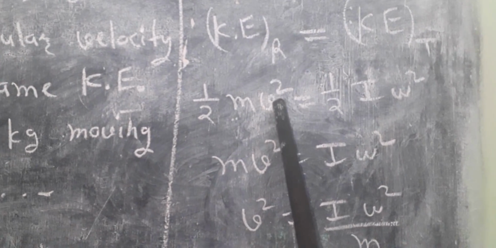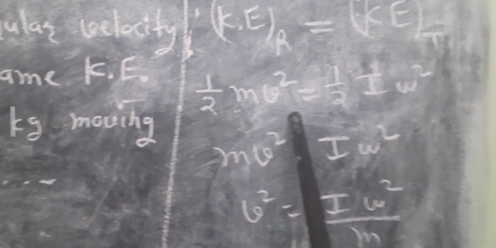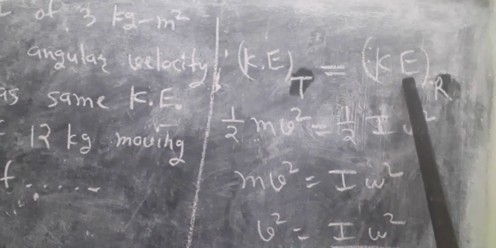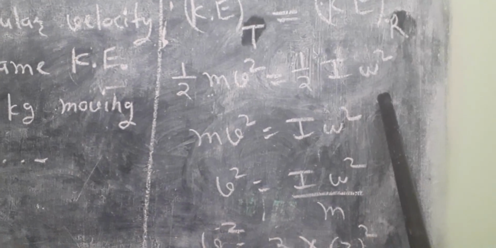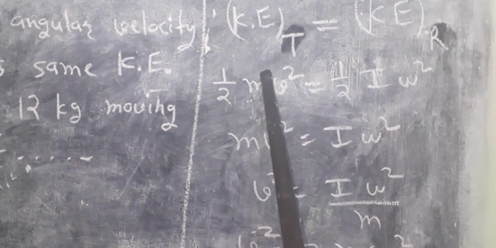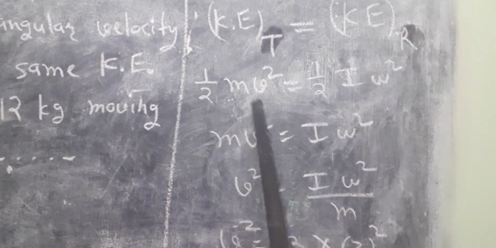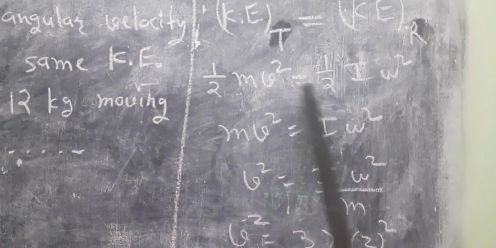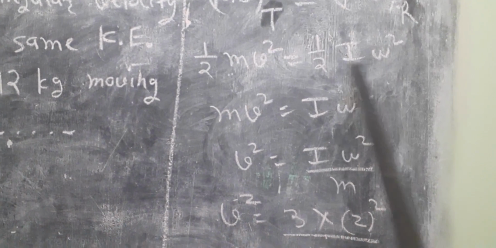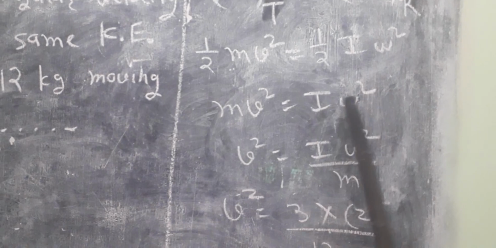In rotational motion, the formula is 1/2 I ω², and in translational or linear motion, the formula is 1/2 m v². So clearly 1/2 from both sides is cancelled.